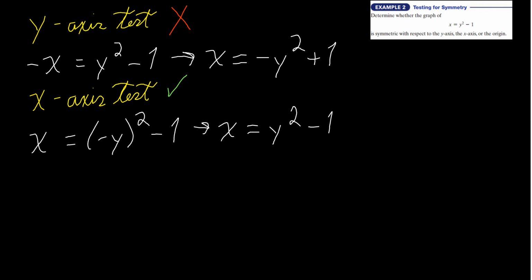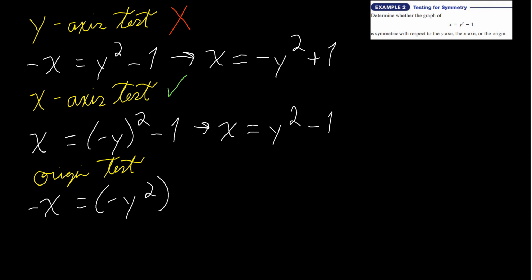And then lastly, we're going to do the origin test. The origin test is replacing both x and y with a negative x and a negative y. So we're going to have negative x is equal to negative y, squared, minus 1, and of course we can see that this is not going to work out.